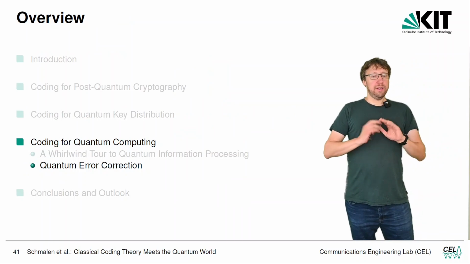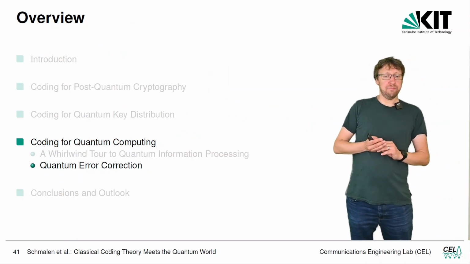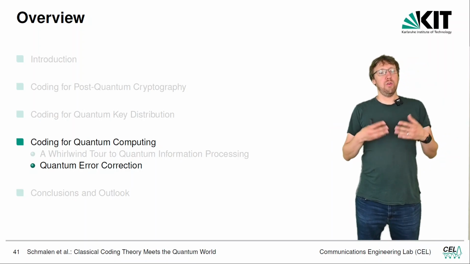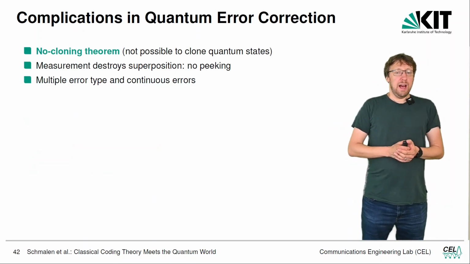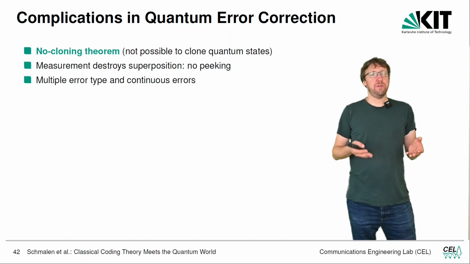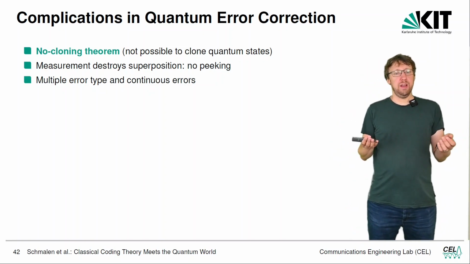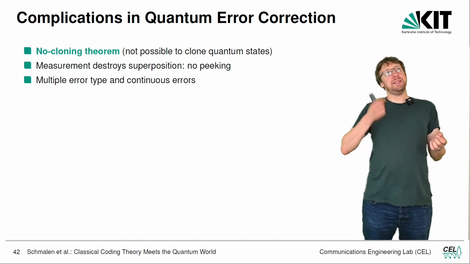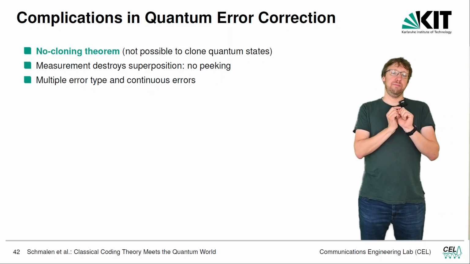Okay, so this was everything you need on quantum information processing. Now, how can we build quantum error correcting codes? There are some complications which prevent us from using classical error correcting codes in this setting. The first one is the no cloning theorem. The no cloning theorem says it's not possible to clone or to build a copy of a quantum state.